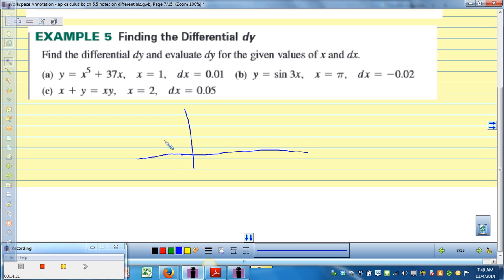Okay. We have some function. The change in x on the tangent line. So I have this function f of x that looks like this. And I have a point of interest here at A. And I'm not going to try and draw this line. And I have a tangent line at A.